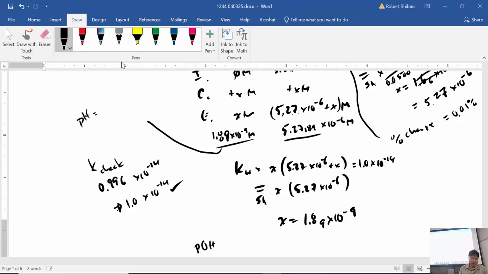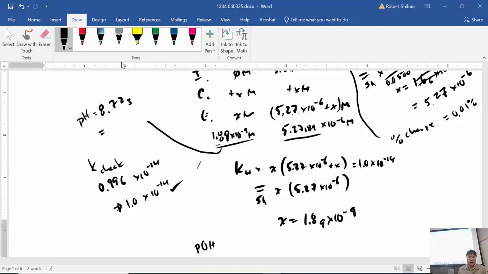I have the negative log of 1.89 times 10 to the minus 9. And the pH comes out to 8.723. Now, I'm only allowed 2 sig figs.